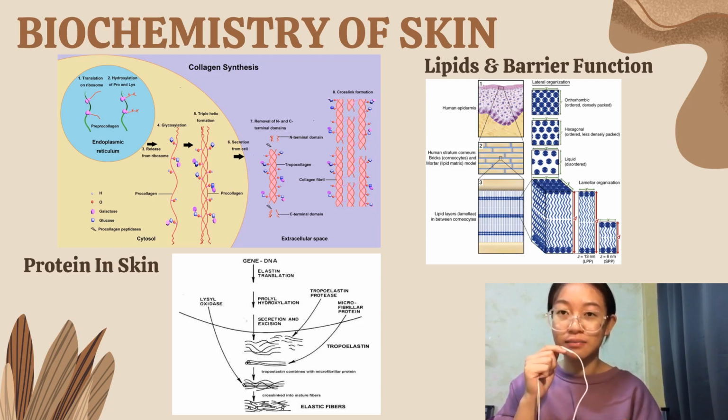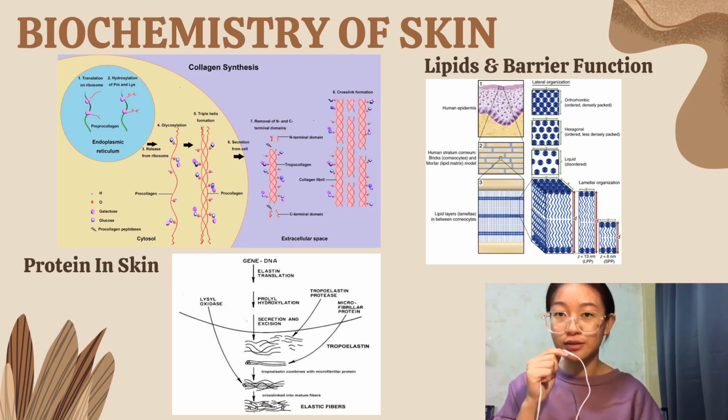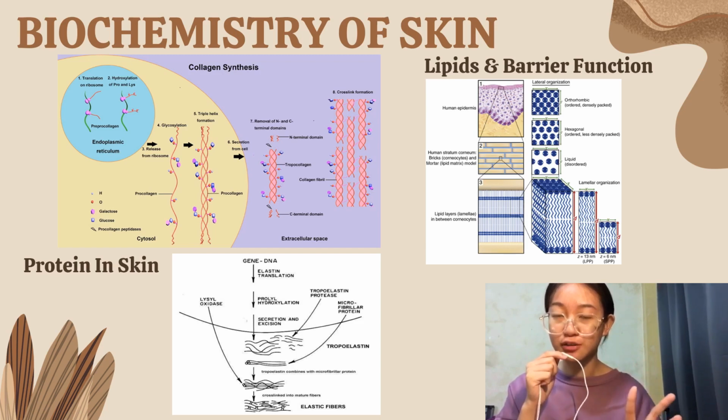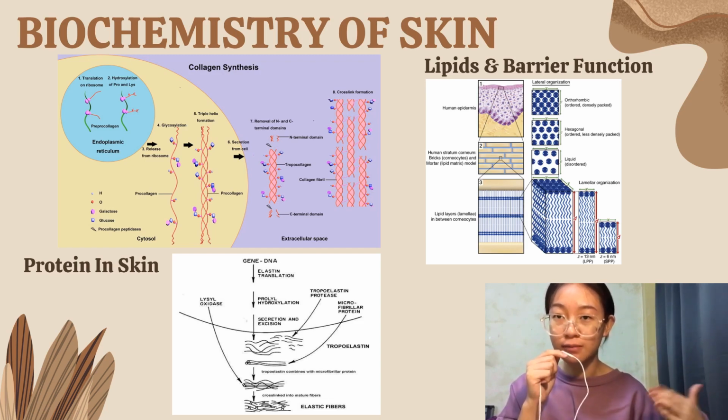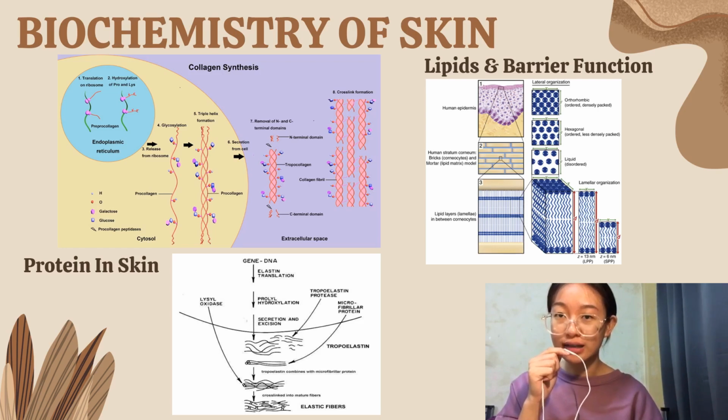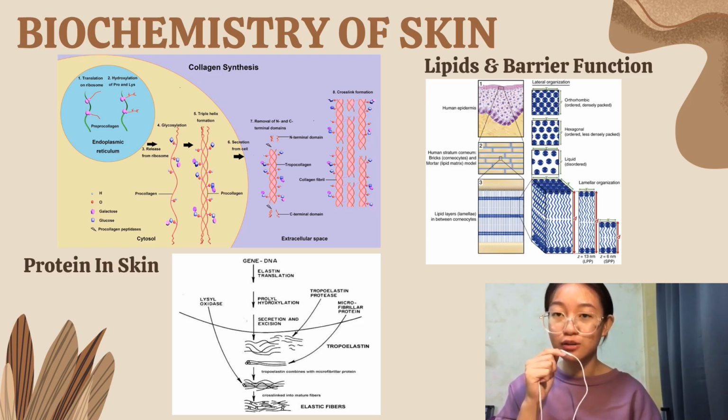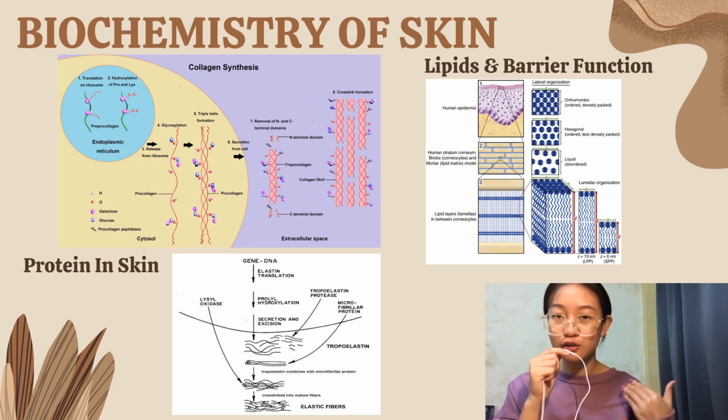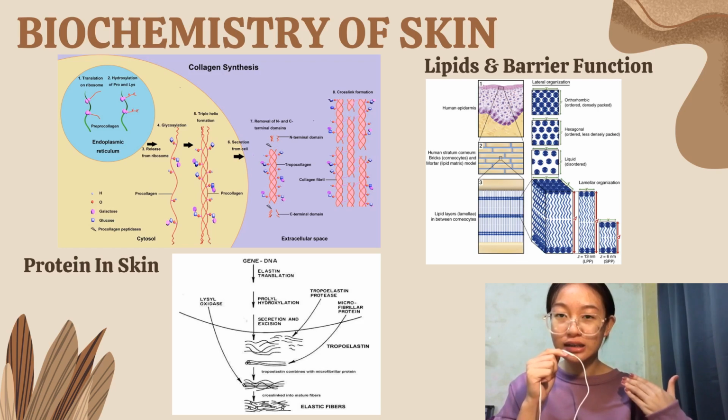So the synthesis of the elastin. The lysine residues in tropoelastin are important for the formation of covalent crosslinks and desmosines that are unique to elastin. So first, the three lysine residues will undergo oxidative deamination to form the aldehydes, and these aldehydes will join with another lysine to form a stable desmosine, which will covalently link to tropoelastin polypeptides.